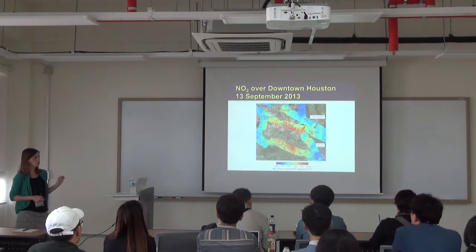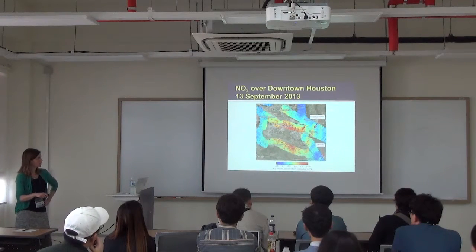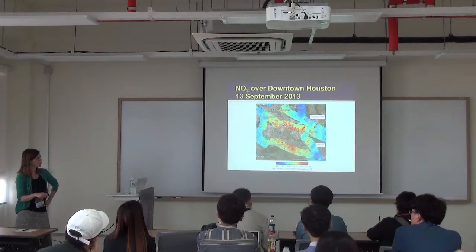So this is an NO2 vertical column over downtown Houston in 2013 during one flight. So in this case, the aircraft was out here over the ocean. This is a zoom in of the center of the flight. And it flew in this direction, did a loop, came back down here, something like that.